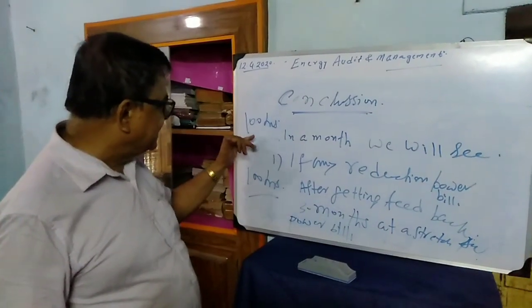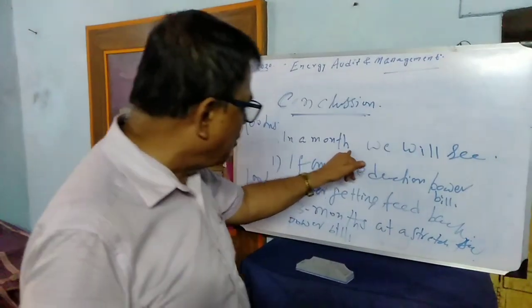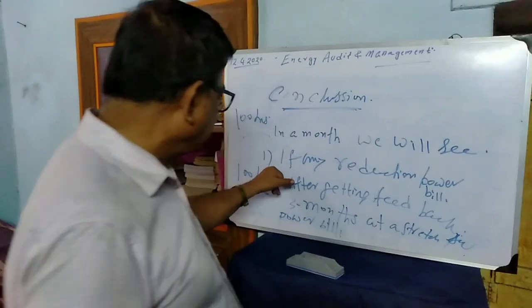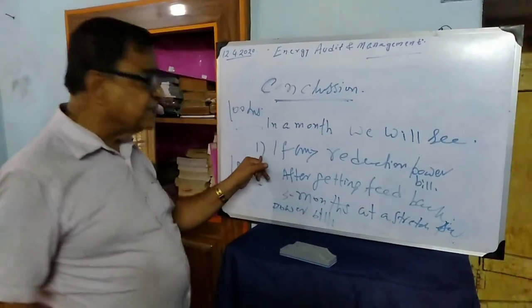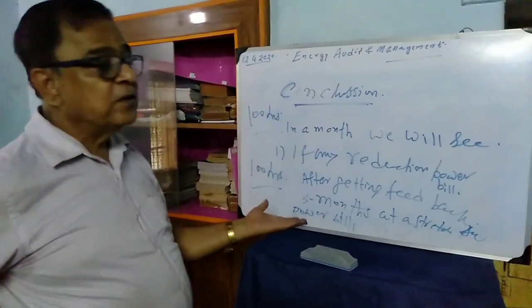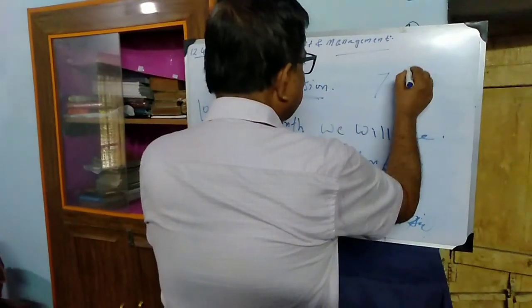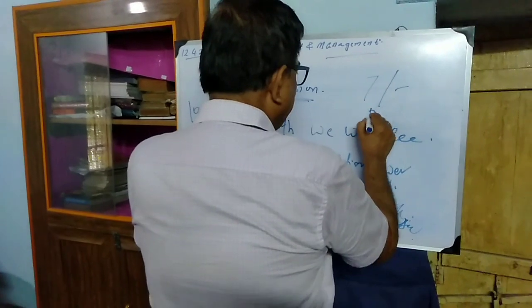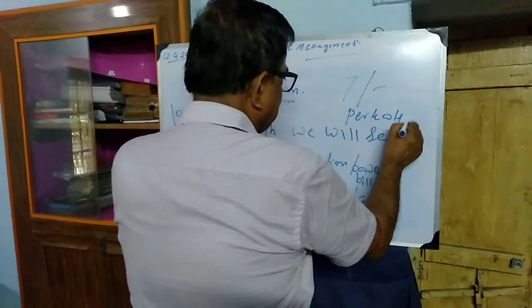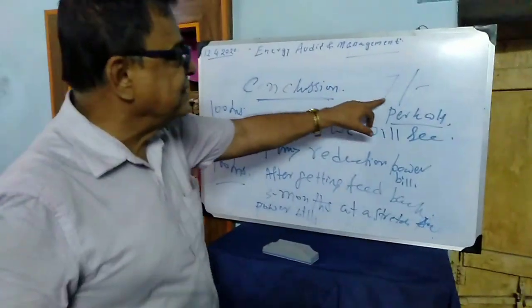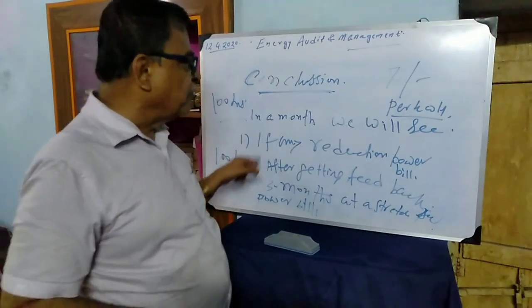Now if we see there is no reduction of the power bill, then we will see why it is not reduced. It may be the rate per kilowatt hour: say last month it was 7 rupees per kilowatt hour for industrial consumption, and this month it is 8 rupees, then automatically the bill will increase.